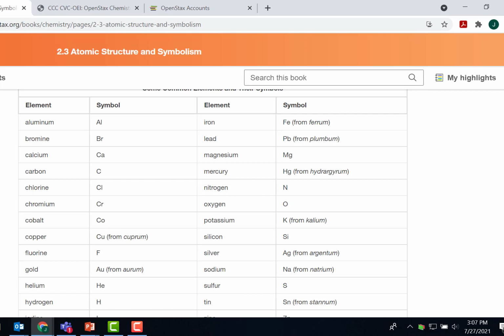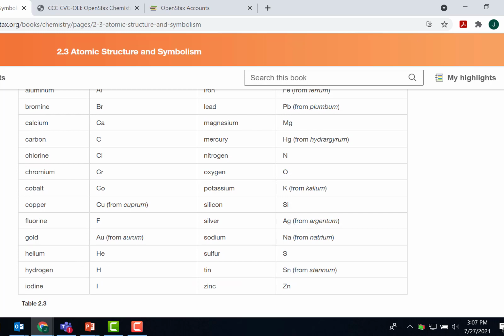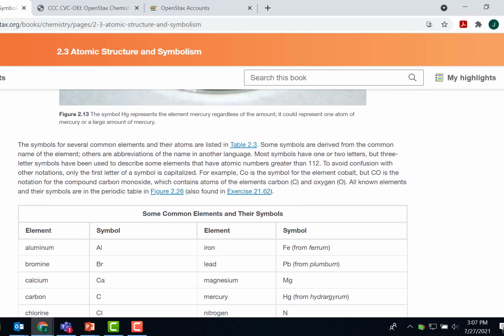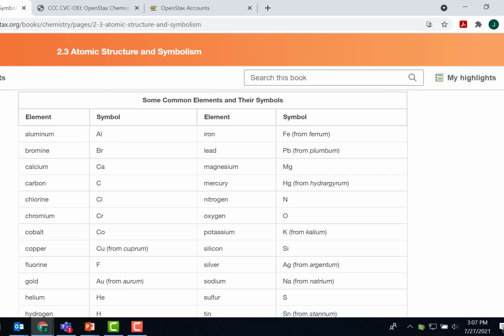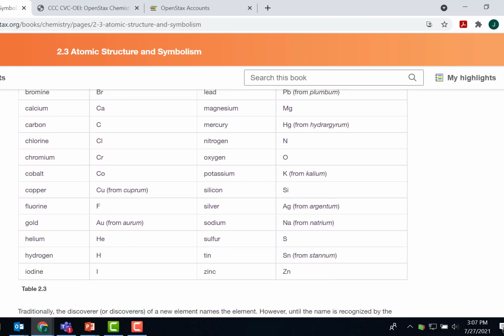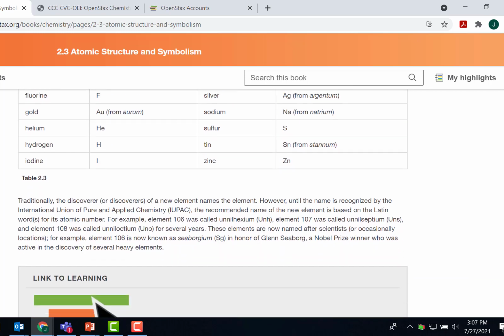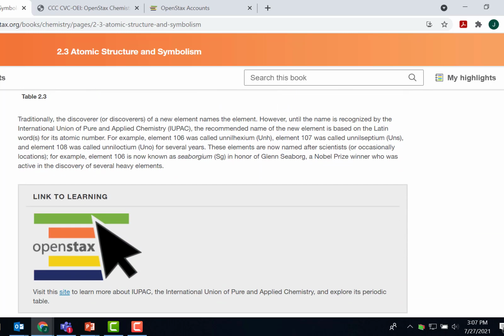If you don't do that, it would be incorrect. I believe your book even talks about that, CO versus C lowercase o example there. So make sure you're able to do that. And we can find all of these on the periodic table, which we'll be looking at in a bit more detail later.